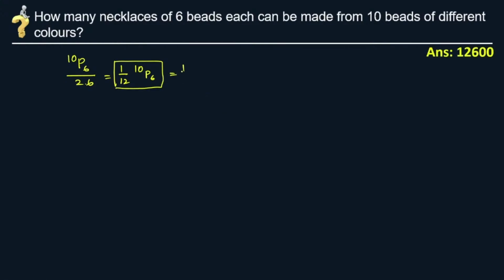So let me just open this one. It is factorial 10 divided by factorial (10 minus 6), which gives us 1 over 12 into 10, 9, 8, 7, 6, 5 divided by factorial 4 into factorial 4.